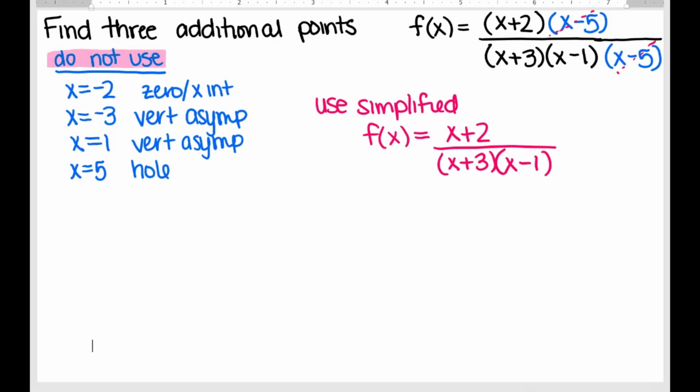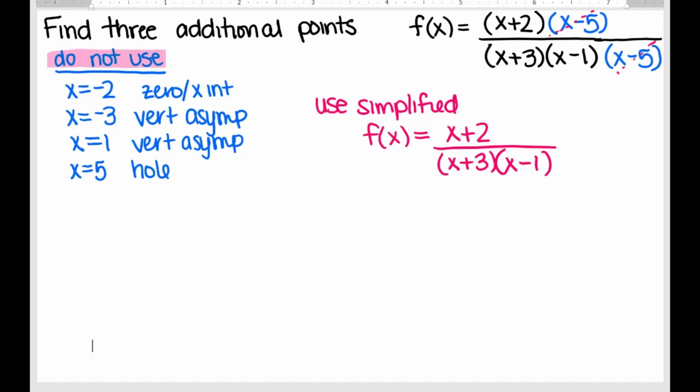That's our numerator. We can't use x equal to -3 or x equal to 1. Those are our vertical asymptotes, what came from the denominator. And then this is why I had the unsimplified version first, because you cannot use x equal to 5. We've already found that that is the hole in our graph.